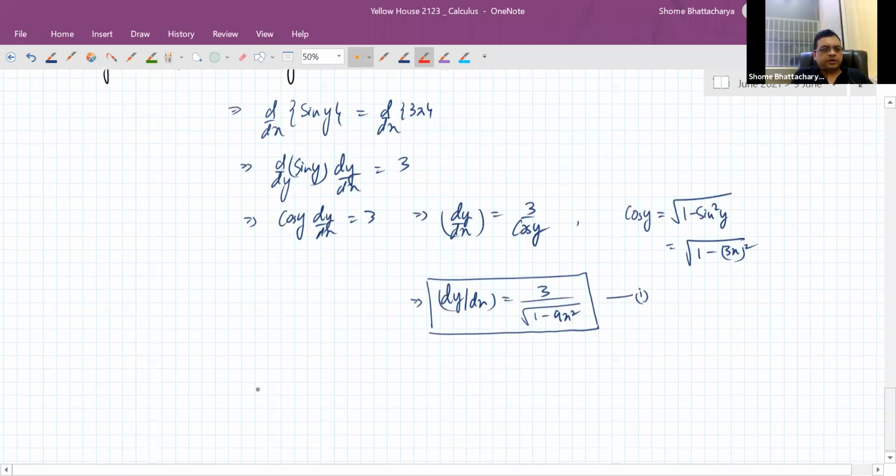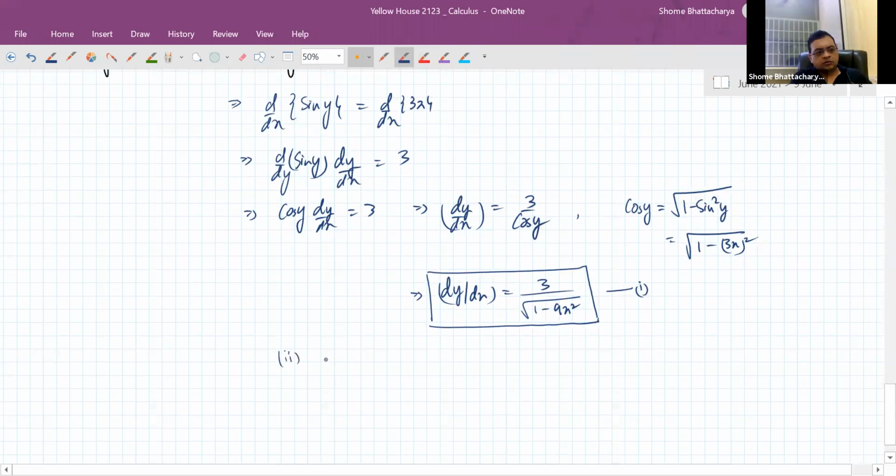Okay, so now the second part, we want to find out the value of the derivative at x equal to 1 by 6. So that is nothing but dy by dx at the specific value of 1 by 6.